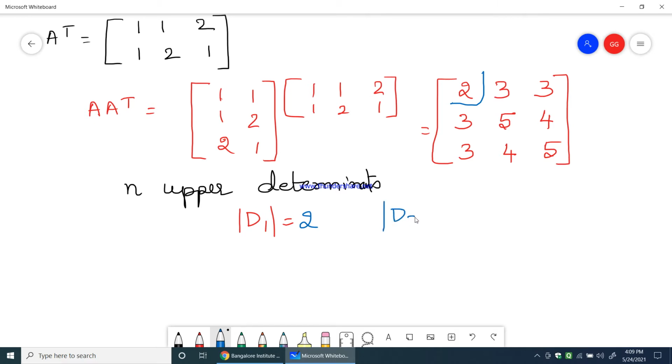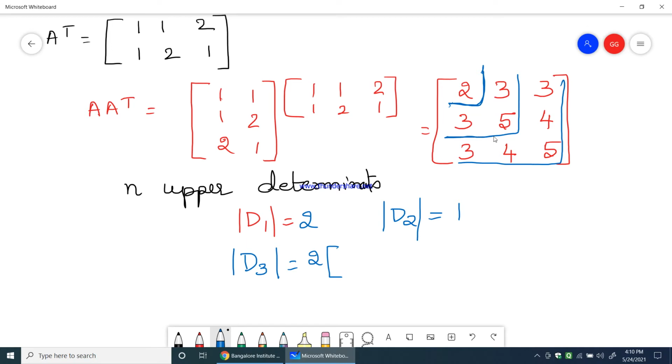The second upper determinant is formed by these 4 elements, 2, 3, 3, 5, so 5 twos are 10 minus 9, which equals 1. The third upper determinant is formed by all 9 elements. When taking upper determinants, I always consider first the single element, then these 4 elements, and then the determinant of the entire matrix.